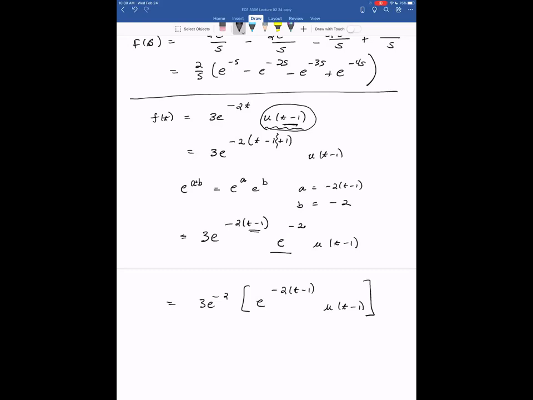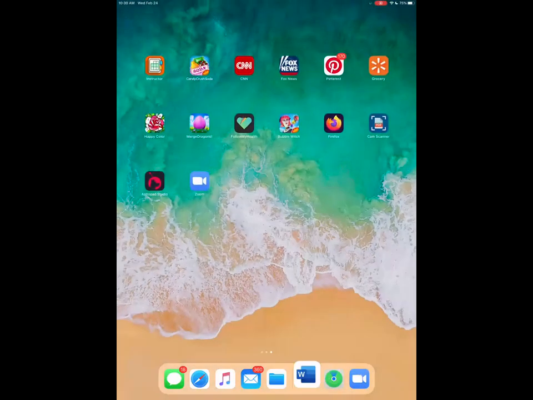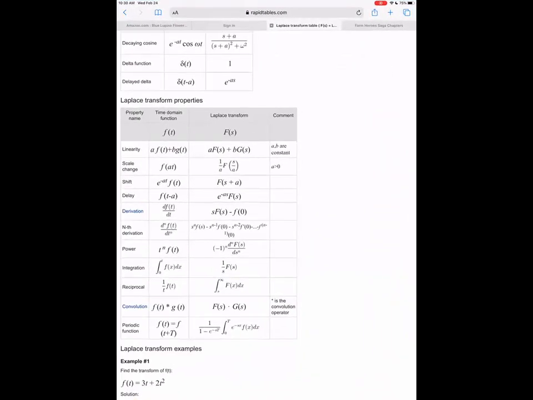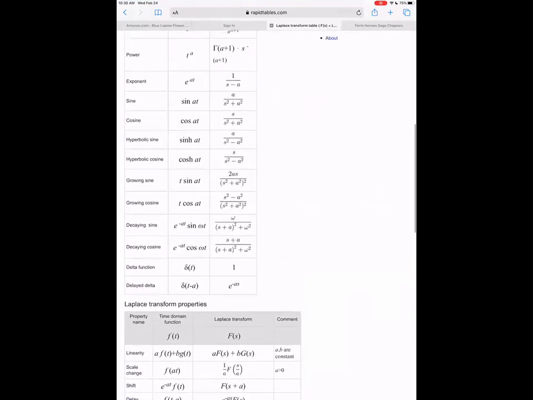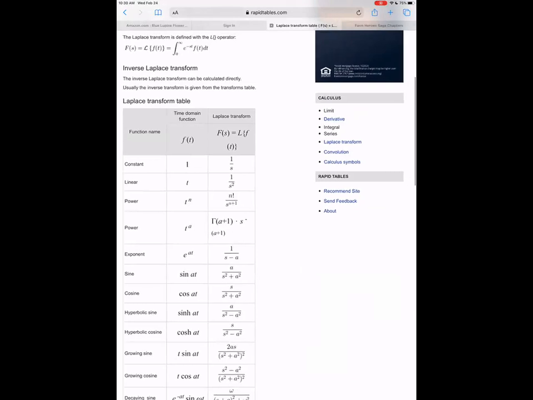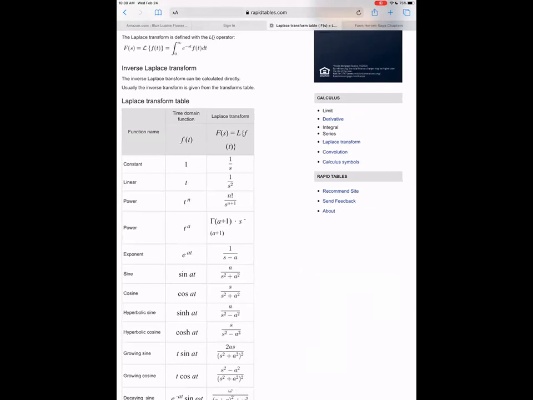Okay, so now let's go to our table. If we look at our table, e to the minus 2t is going to go to 1 over s plus a.